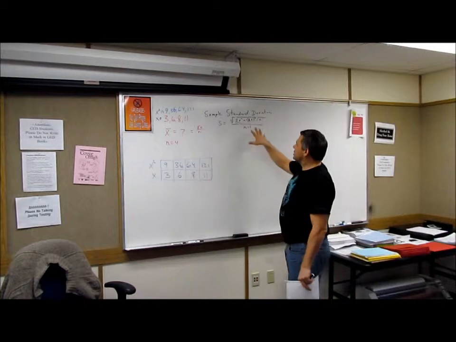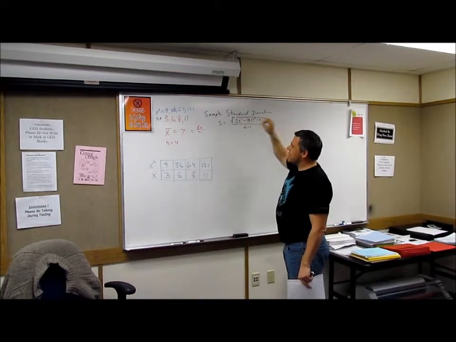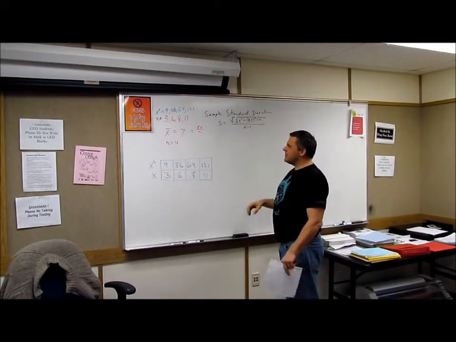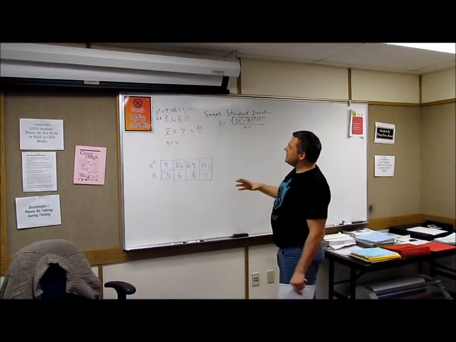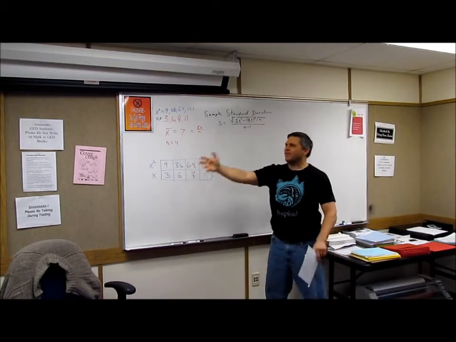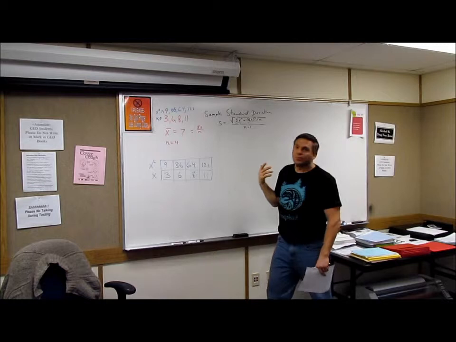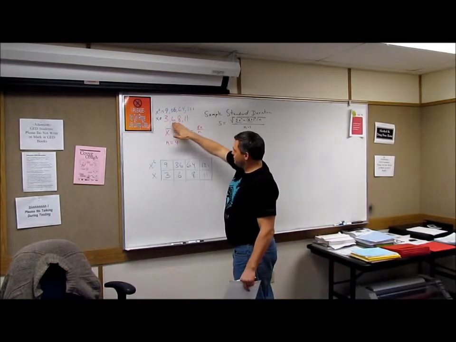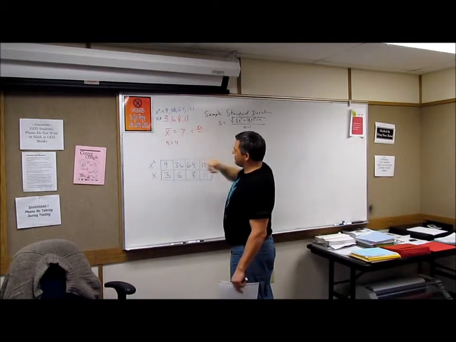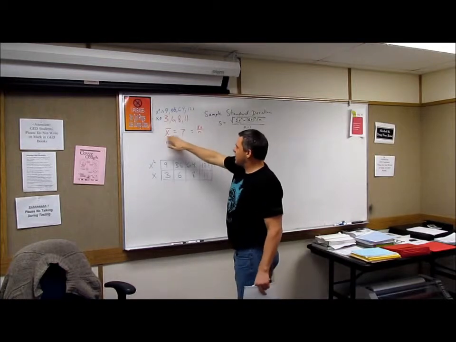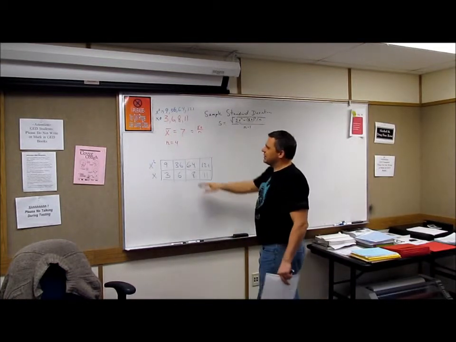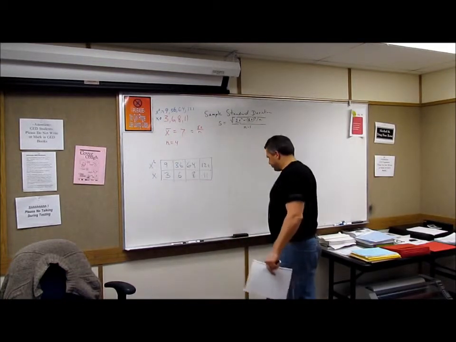And then what we want to do is take it step by step. We want to figure out step by step what's going on. So we took the information that we had from the last problem, which was 3, 6, 8, and 11, and that the x bar was 7, and that the n was 4.